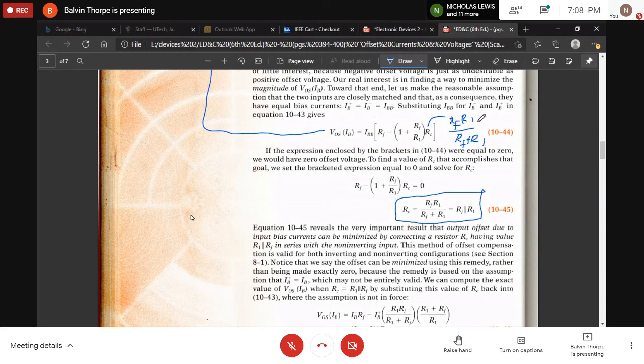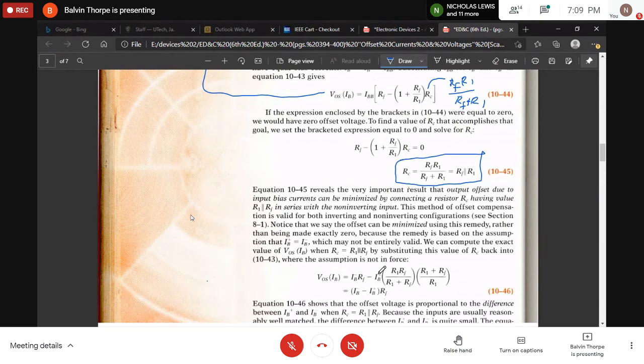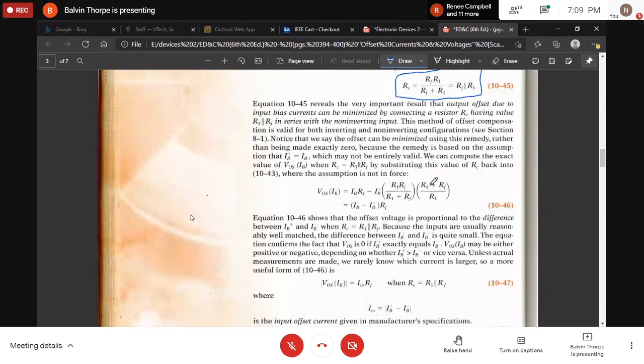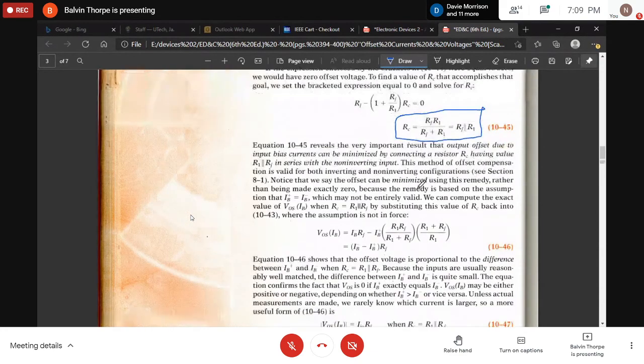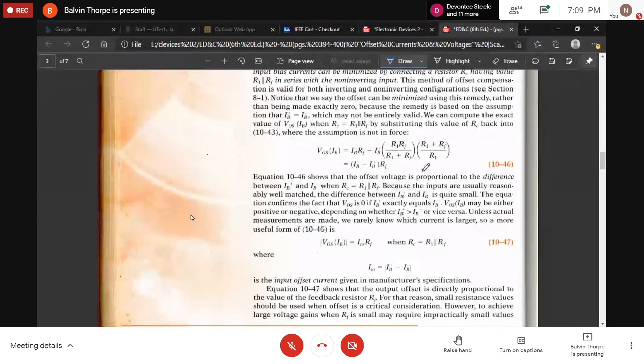Okay? Expand this and see what you get. And expanding it, this is what happens, ladies and gentlemen. And they have done it for you. So we put RC back into this expression, and this is what happens. It gives the equation 1046.